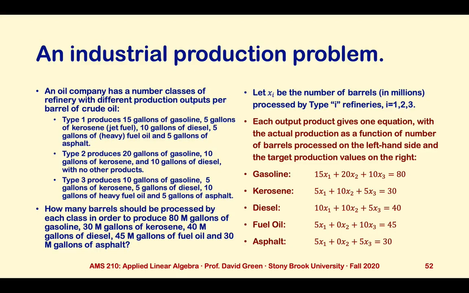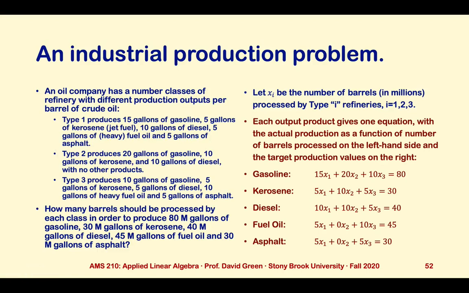Well, if we think about what we have, three different types of refinery. We've already defined a variable associated with how much is processed by those. We also have a number of different types of output product: gasoline, kerosene, diesel, fuel oil, and asphalt.